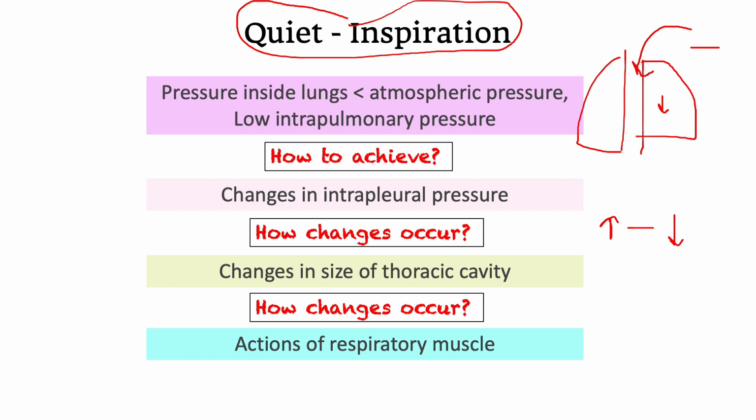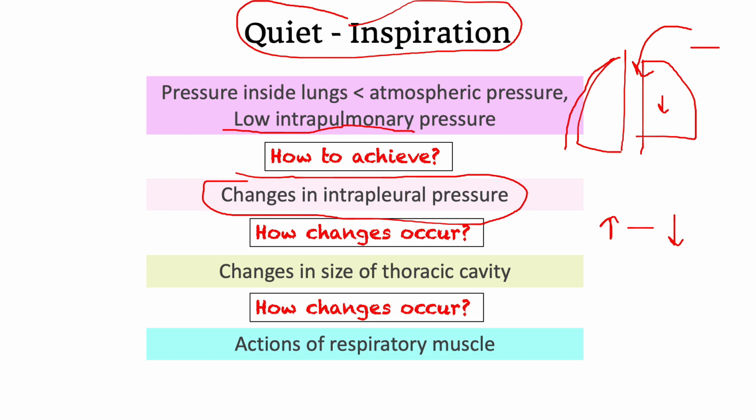So that is our aim in inspiration. We want to decrease the pressure inside our lung cavity, meaning we want to decrease our intrapulmonary pressure. So how are we going to do that? By changing our intrapleural pressure, which we will discuss in more detail after this.